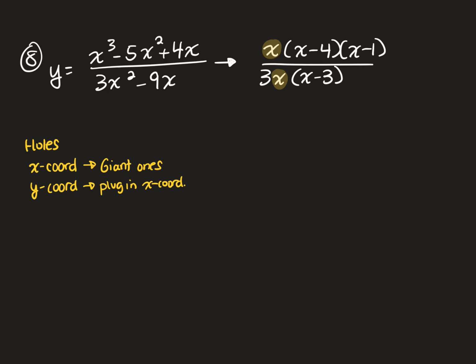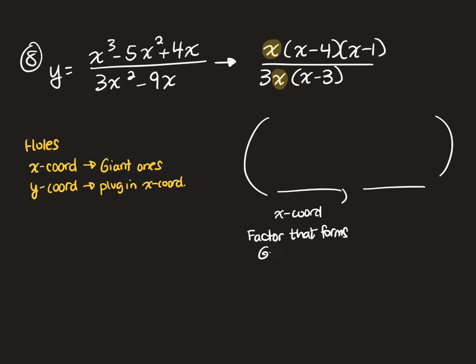So what I do is I figure out the coordinates of the hole in the function by doing two things. The first is to find the x-coordinate. I take the factor that forms the giant 1, and I set it equal to 0.